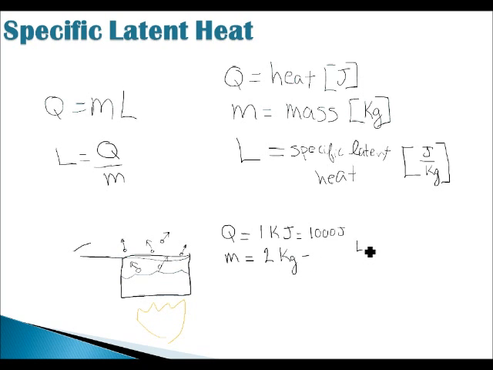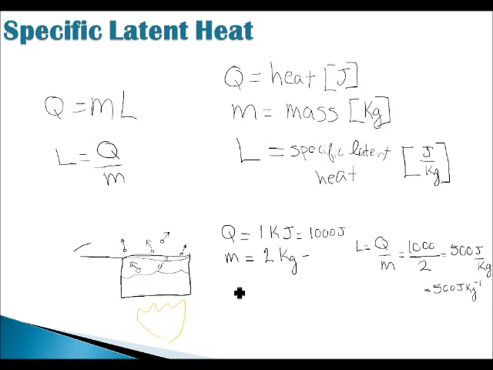Okay, well, L equals the heat energy divided by the mass, which is 1,000 joules divided by 2 kilograms. So that is a specific latent heat of vaporization of 500 joules per kilogram. And if we put it in proper SI units, joules kilogram to the -1.